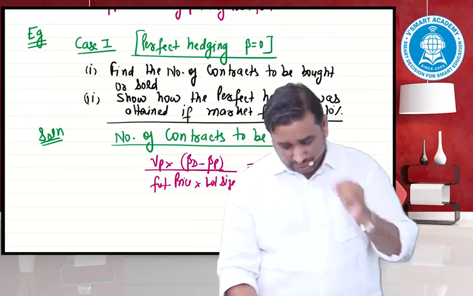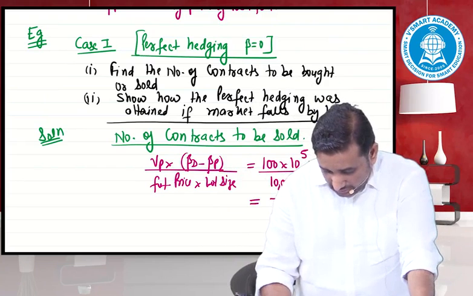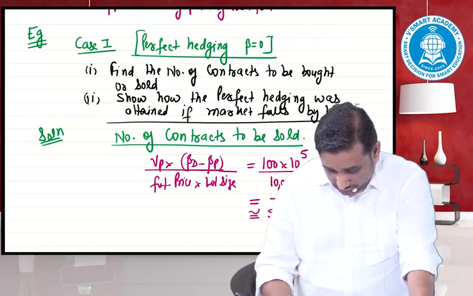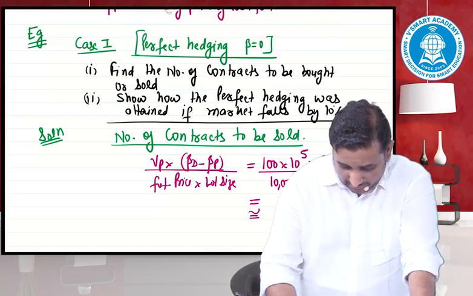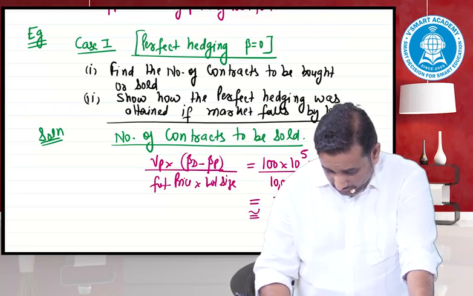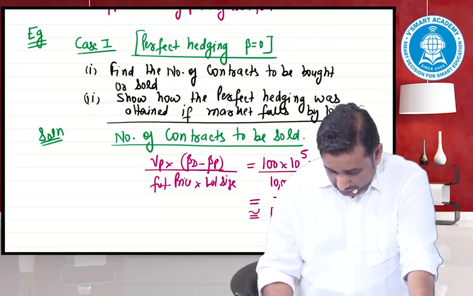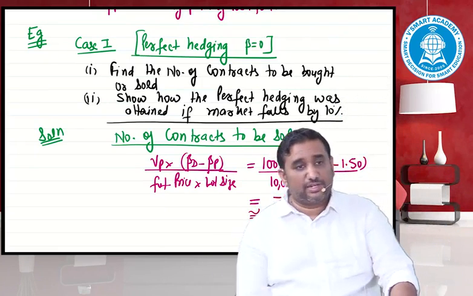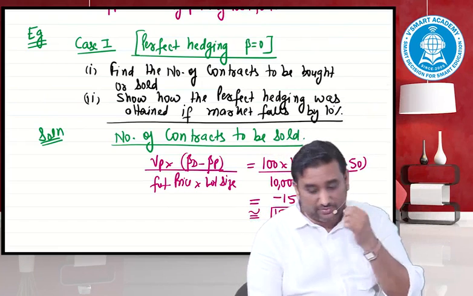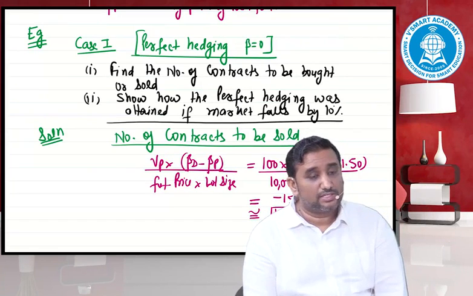That is minus 15, so 15F minus. The way of reading 15F minus is: sell 15 futures contracts of Nifty.